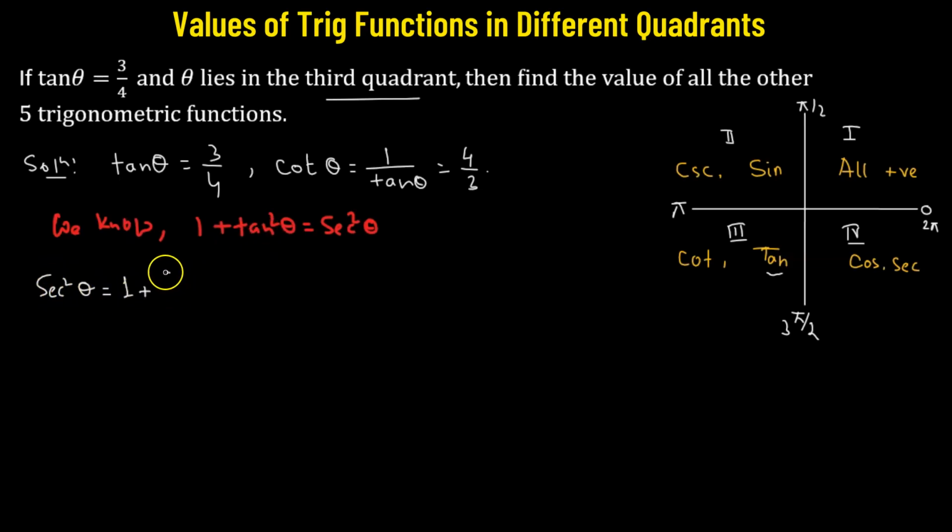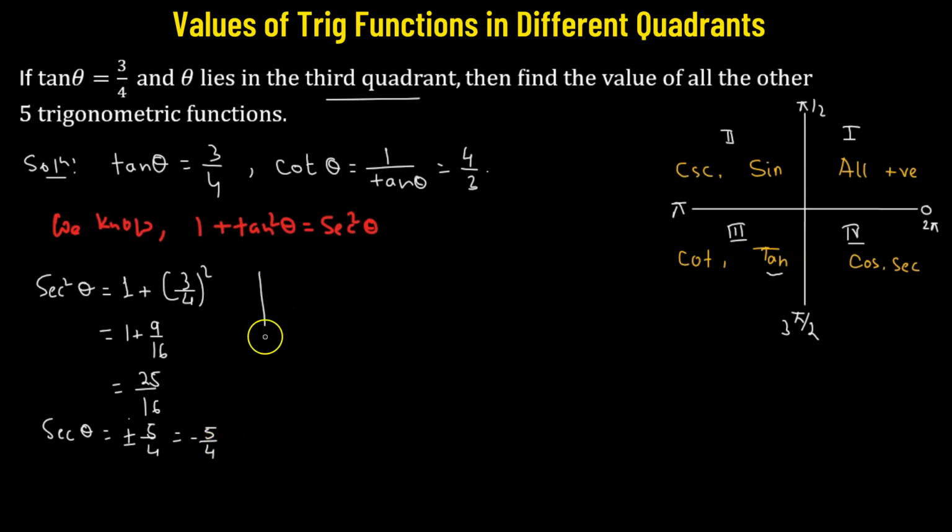So 1 plus, in place of tangent theta, we have (3/4) squared. Solving this, we get 1 plus 9/16, which equals 25/16. That means secant theta equals the square root of 25, which is 5, over the square root of 16, which is 4. Since we're taking a square root, we have plus or minus 5/4. Now in the third quadrant, we know the secant function is negative. So this can only take one value, which is negative 5/4.